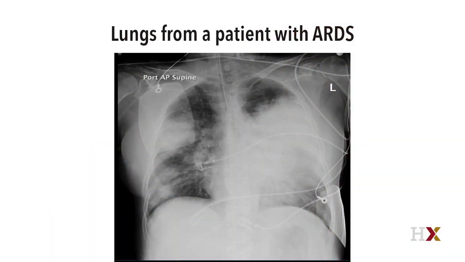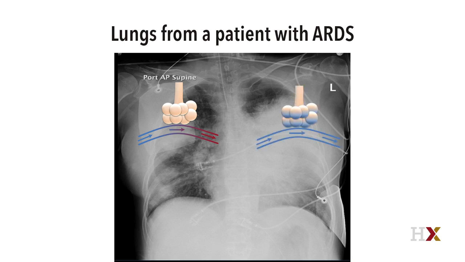When we look at the lungs of a patient who has ARDS, we see a lot of heterogeneity. Here in this X-ray, we see a profound example of that. We see areas up here that have normal ventilation perfusion and are participating relatively regularly in the process. There's a large area over here with profound edema and consolidation and infiltrate.